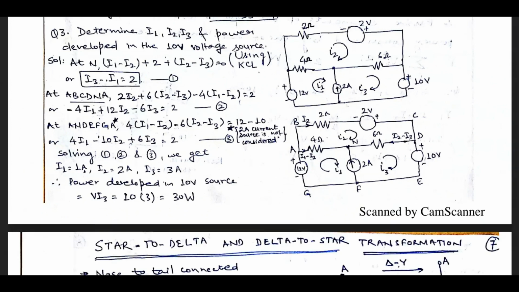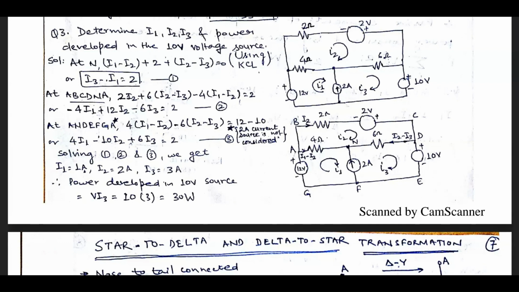First of all, what we are required to do is determine the current values I1, I2 and I3 and the power developed in the 10 volt source. One 10 volt battery is given, so we have to calculate the power which is developed.